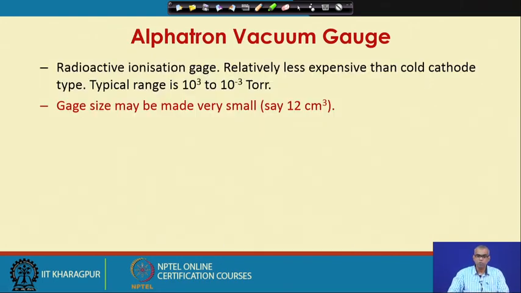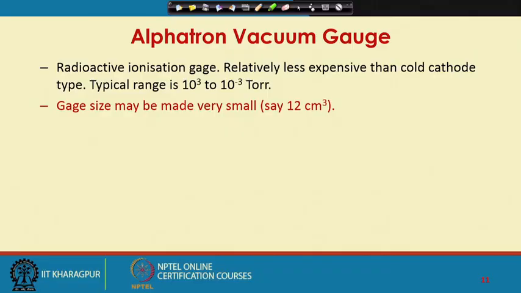Next, we will talk about Alphatron vacuum gauge. This is a radioactive ionization gauge. This is relatively less expensive than cold cathode type, but this is also not hot cathode type, meaning this is a version of cold cathode type, but we do not use superimposed magnetic field to draw out electrons.